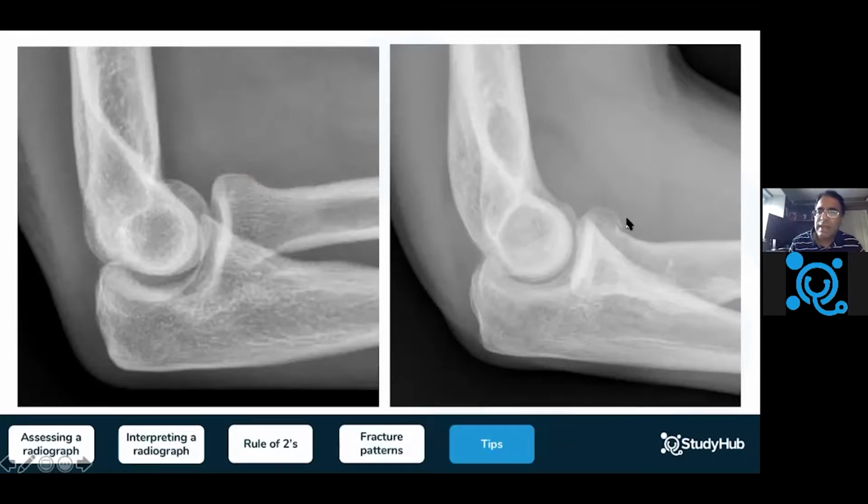So this is a case of a patient who's got a radial head fracture with an associated effusion within the joint, and that's the reaction to the fracture. So look for joint effusion, and that will point you to the fact that there is most likely an injury for you to identify.